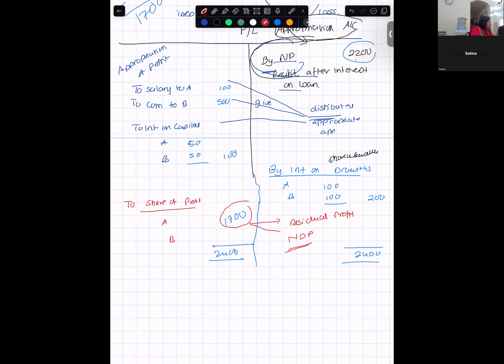This amount you are going to share between the partners. How much will it be? 850, 850.